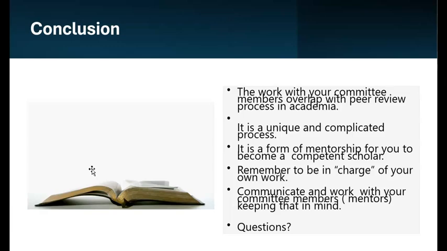It is a form of mentorship for you to become a competent scholar. By working with your committee members, you develop skills and attitudes to function well in the peer review process as an author and also a reviewer in the future.